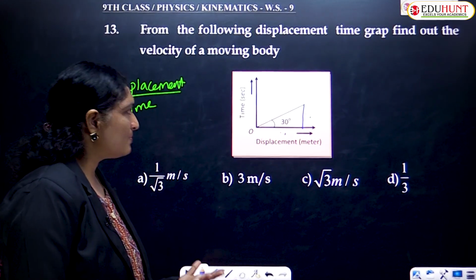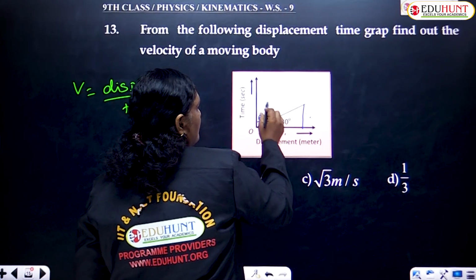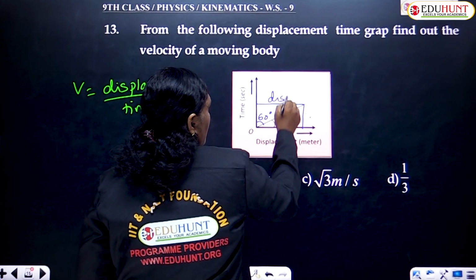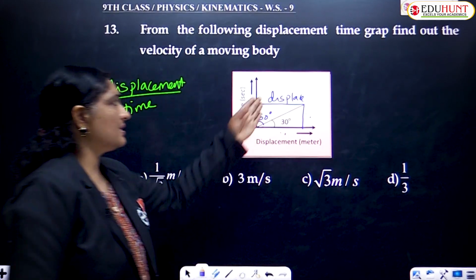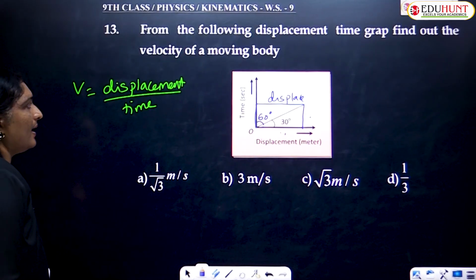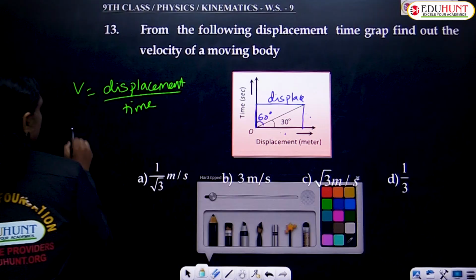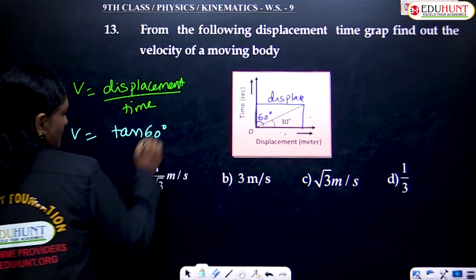To get displacement by time, I have to consider 60 degrees. 60 degrees means this opposite gives your displacement and adjacent gives your time. So tan 60 equals displacement by time. So instead of displacement by time, I have to consider tan 60 degrees.